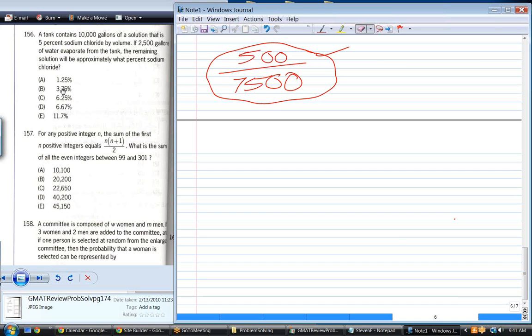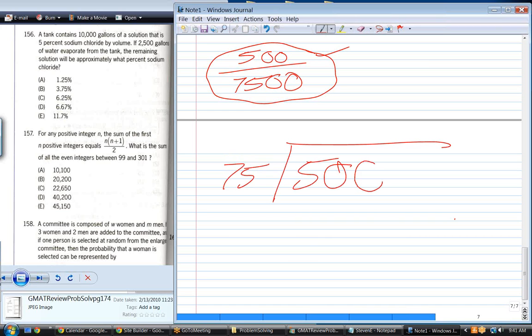But I can see I've got 5 different sets of numbers here. So all I have to do is divide 75 into 5, and I'll also get the answer. The first number will be a 6.